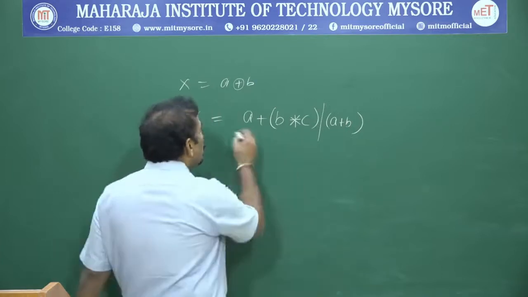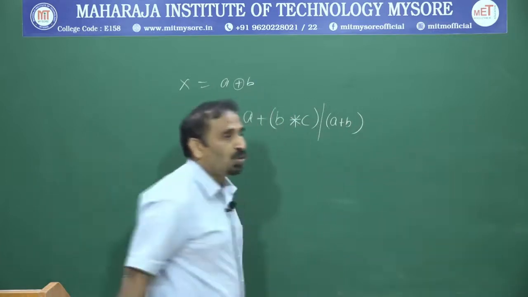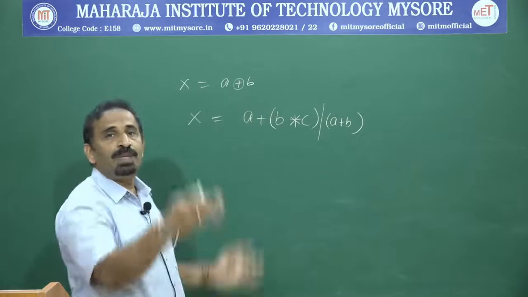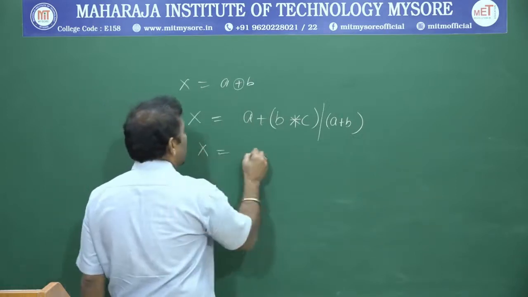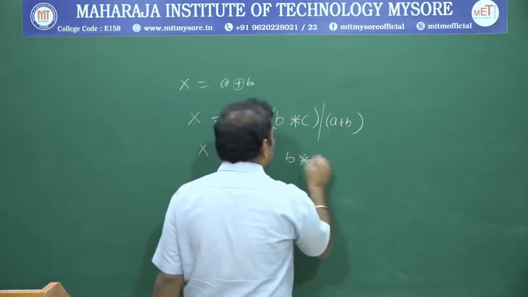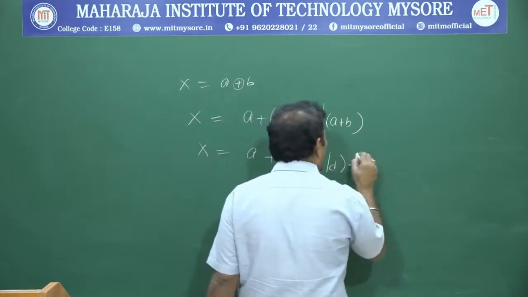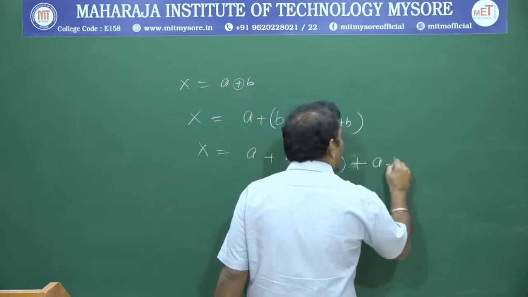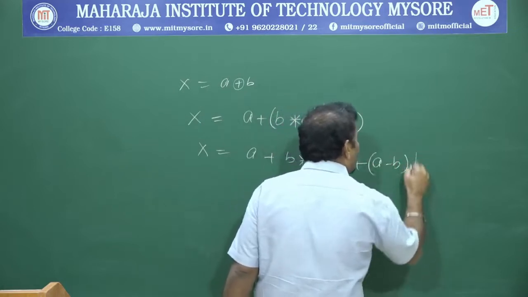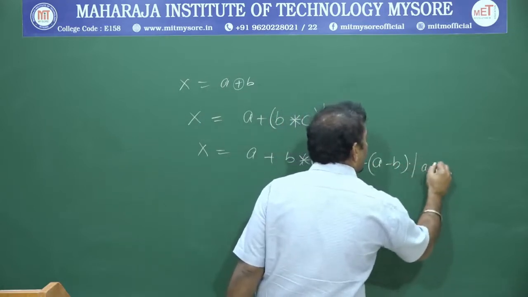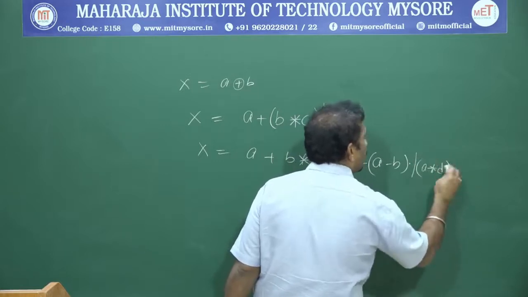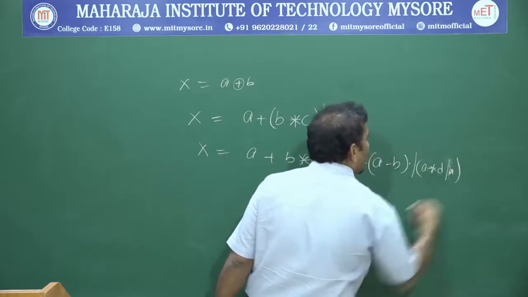But how do you know that when the equation is so big? If it is so big, say for example, I have x is equal to a plus b star c divided by d plus a minus b divided by a star d slash a, something like this.